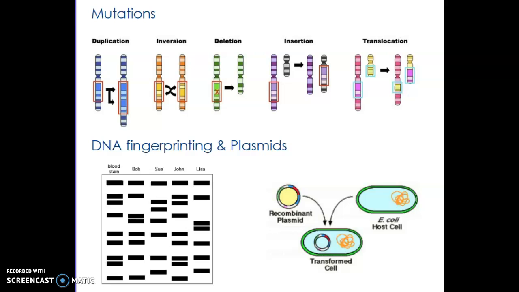That's called a base pair mutation, and that could be something as simple as a new amino acid being made, or it could be no change at all, which would be wonderful.